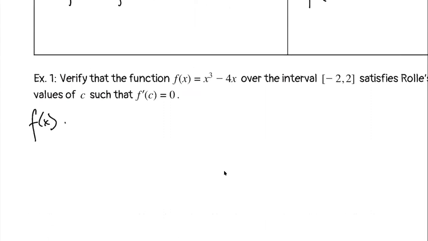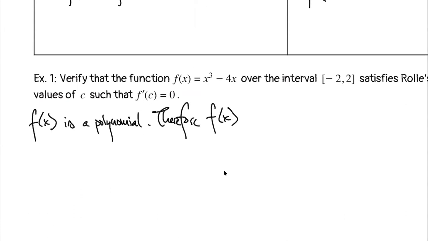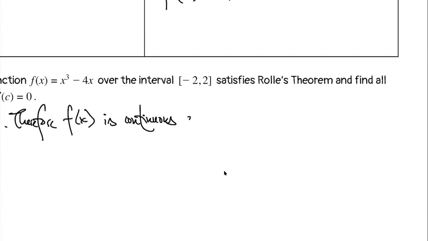f of x is a polynomial. Therefore, f of x is continuous and differentiable over -2 to 2.